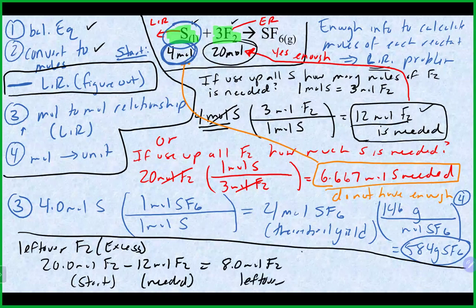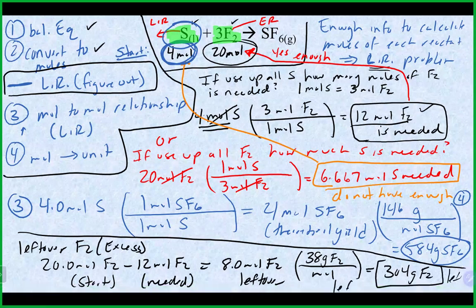And once again, just like anything else, if you want to know how many grams that would be, you could use the molar mass of F2, which is about 38 grams per mole from the periodic table. And that would tell you you had about 304 grams of it left over.